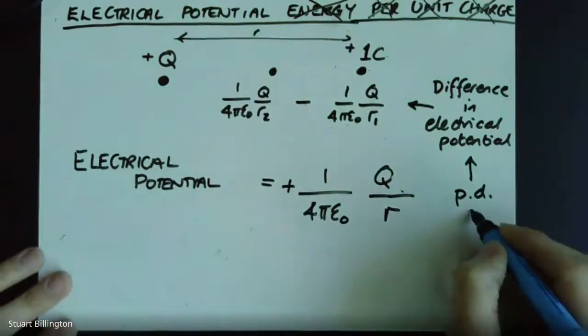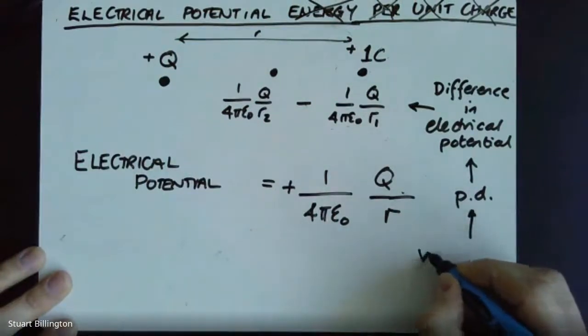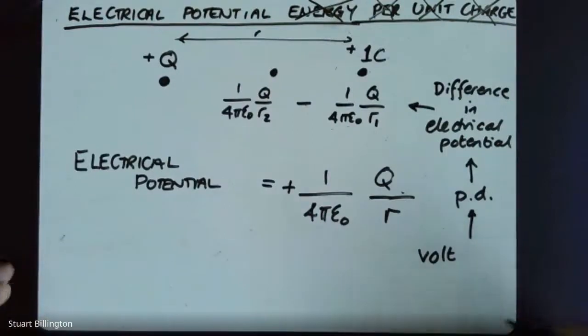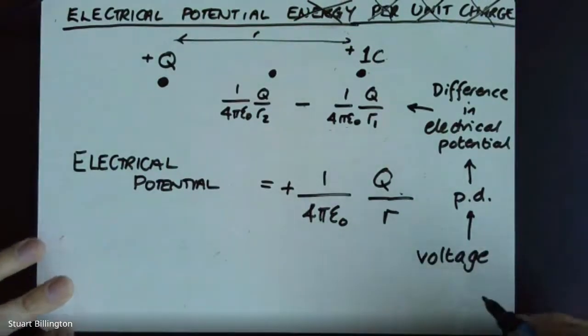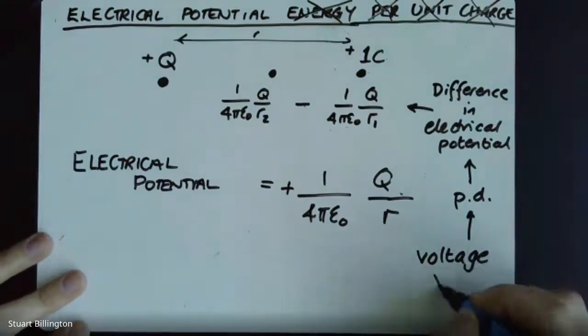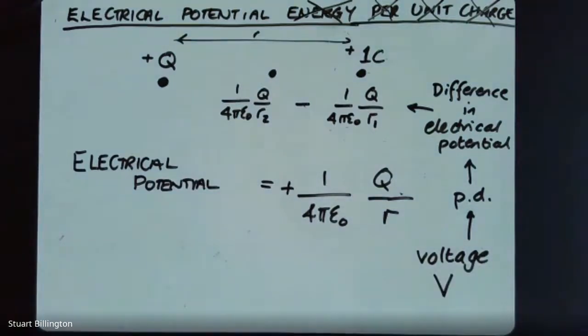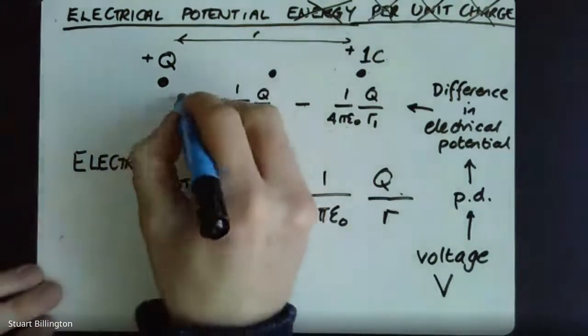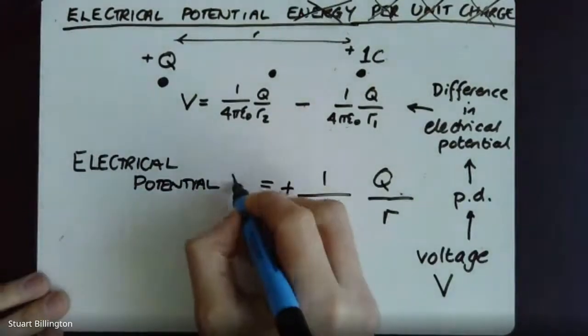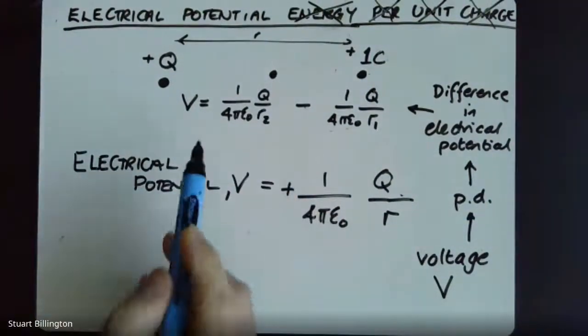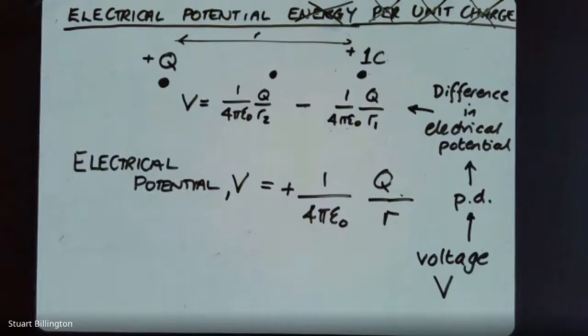And we've been measuring it for a long time, before it was called electrical potential energy per unit charge, before it was called electrical potential, before it was called difference in electrical potential, before it was called PD, we were calling it voltage, and we were measuring it with a voltmeter in a unit called volts, and we were referring to it by a letter V. And therefore, this is the letter that we use for the electrical potential, and also the difference in electrical potential.